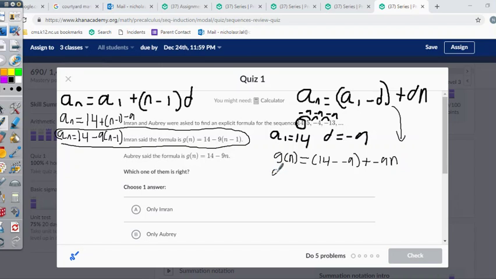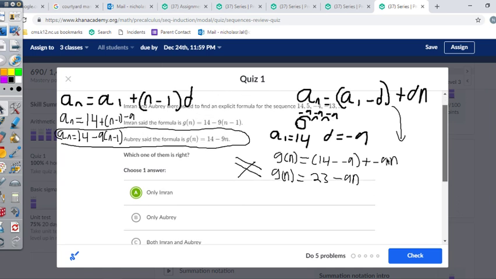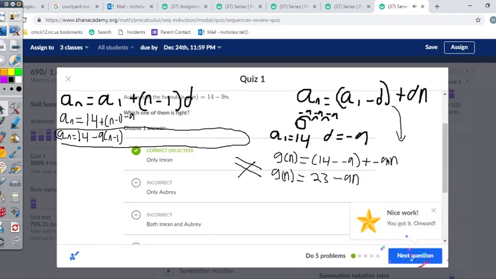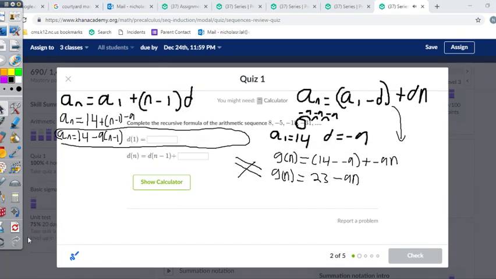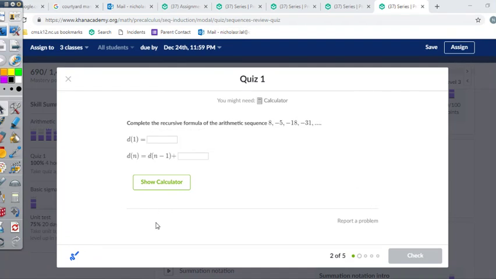Or g of n would be equal to 14 plus 9, that would be 23, minus 9n. We can see that these two are not equal when you have your n terms instead of your n minus 1 term. So only Imran is correct, not Aubrey. And we can clear annotations.